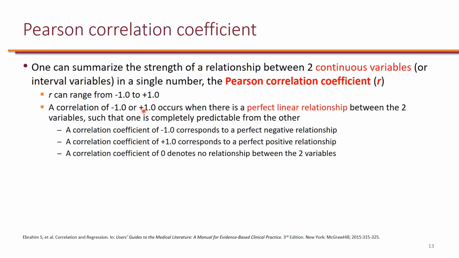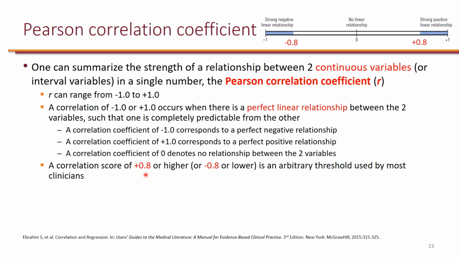Now, while there is no guideline to determine at what value the correlation would be a strong correlation, clinically, commonly 0.8 is accepted as a threshold. So on the negative side, anything between negative 0.8 and negative 1 is considered a strong negative linear relationship, and on the other side, positive 0.8 to positive 1 is a strong positive linear relationship. And of course, 0 would mean no relationship.